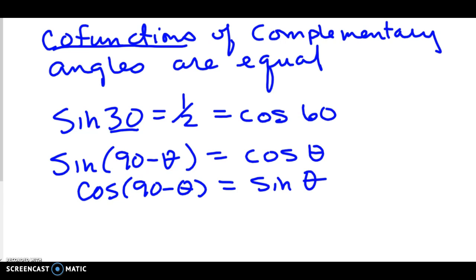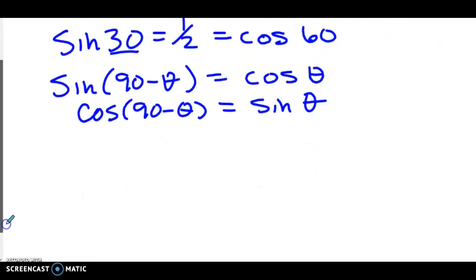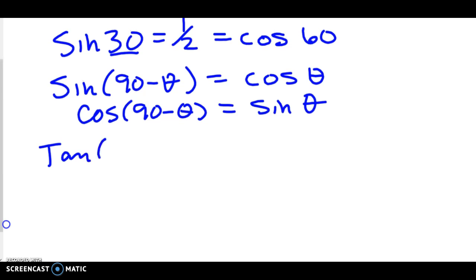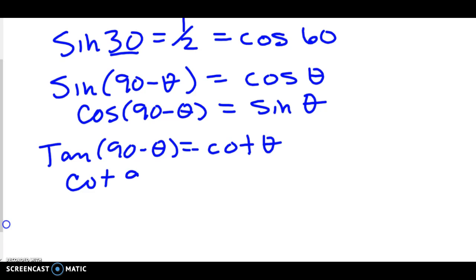And we can see that, in the same breath, these cofunctions, tangent and cotangent: the tangent of 90 minus theta is equal to cotangent theta. The cotangent of 90 minus theta is equal to the tangent of theta, and secant and cosecant follow.